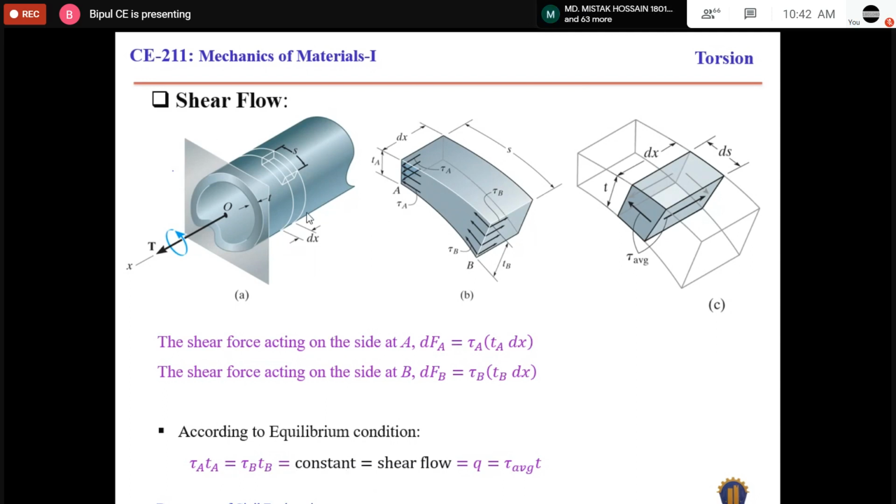That means along the perimeter of the tube, this value will be constant, and this is known as shear flow.